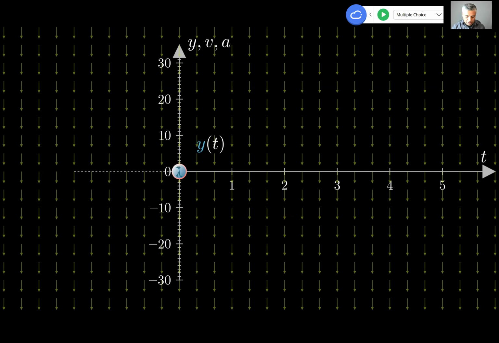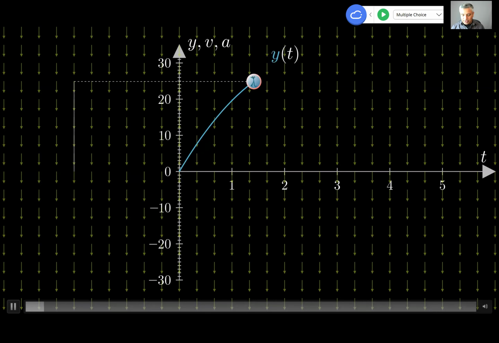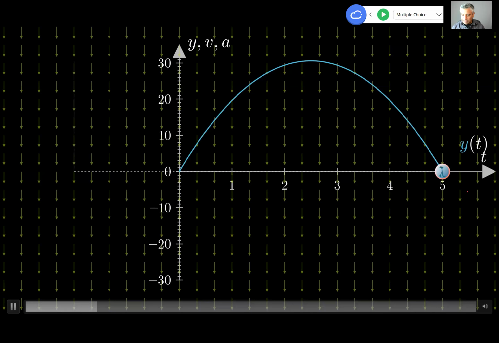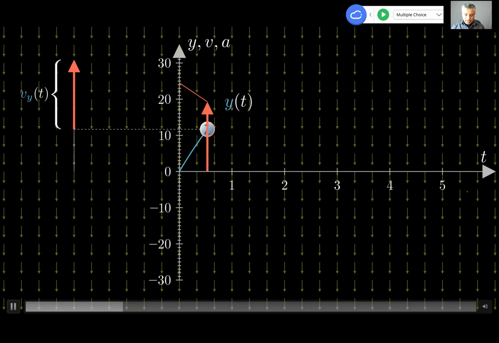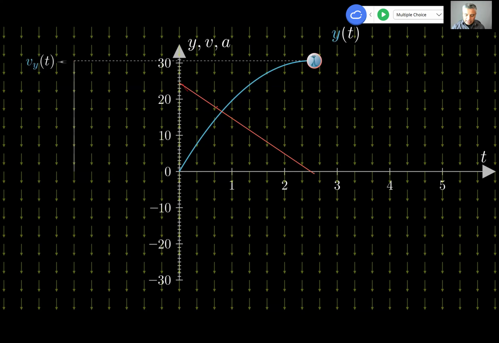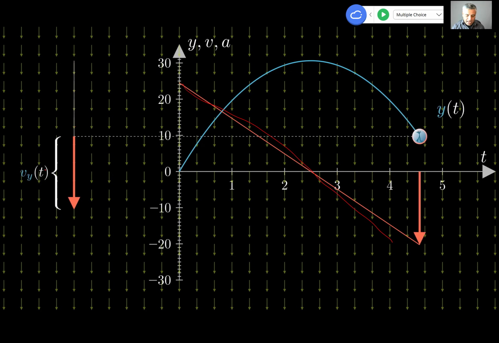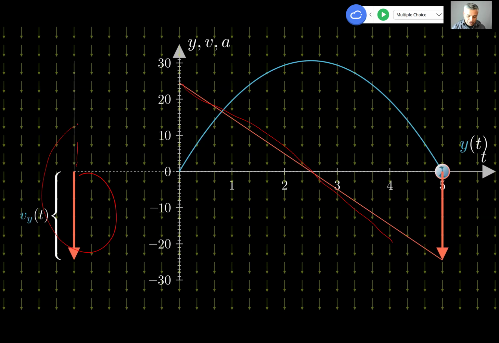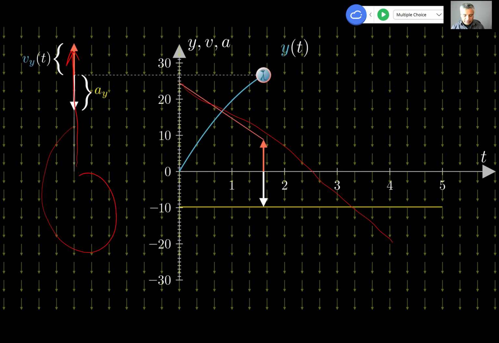Okay, so let's run the animation. So see the object. This is the position versus time graph. And now this is the velocity versus time graph, how it's coming down. See how the velocity was going up and then came down.